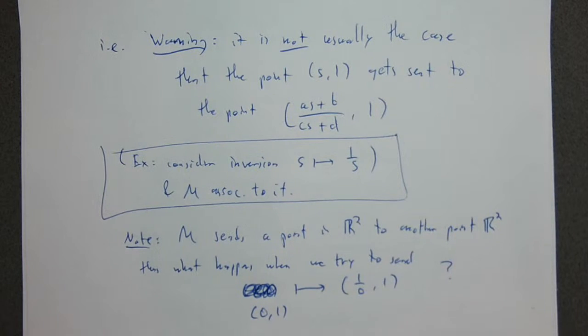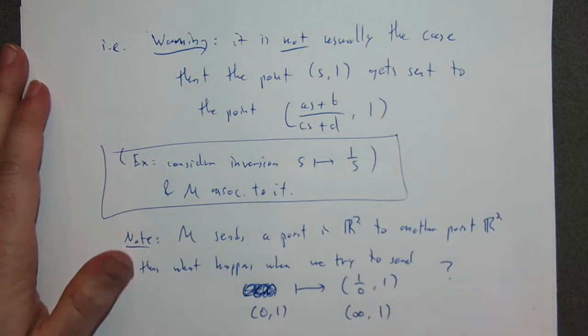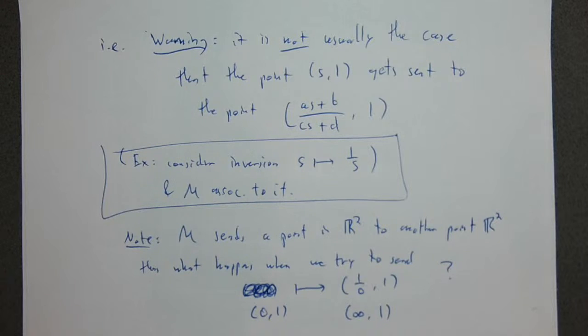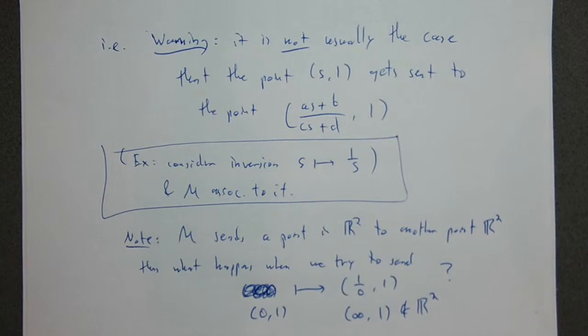This is an issue, because how do I come up with a matrix that sends the point (0, 1) to (1 over 0, 1), or rewritten like this, (infinity, 1)? Well, it can't. This isn't in R2. So it can't even do that.